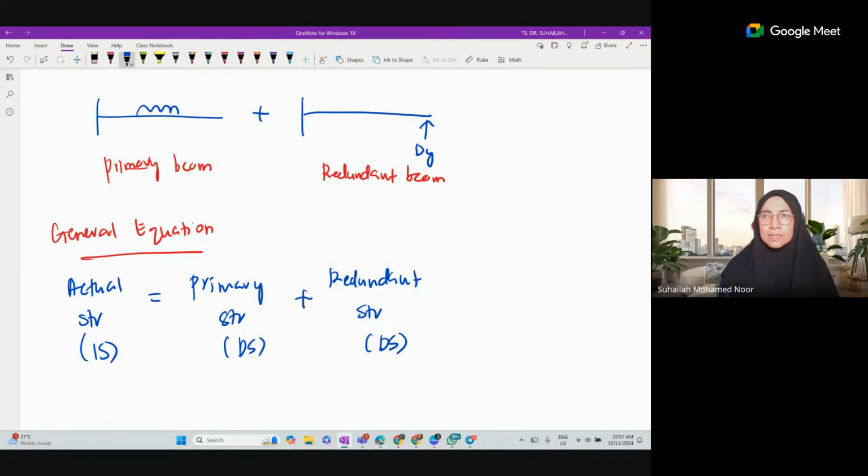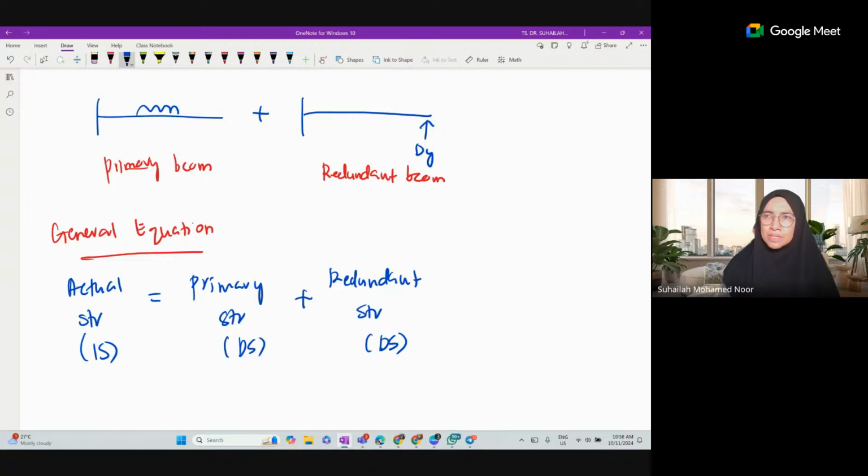So for the primary structure, just remove Dy, and the redundant structure is one cantilever beam subjected to Dy, subjected to the redundant. That's the idea of the principle of superposition. Looking at this diagram, primary beam and redundant beam, it's similar to what you learned under determinate structure, under the deflection topic. Can you recall something here?